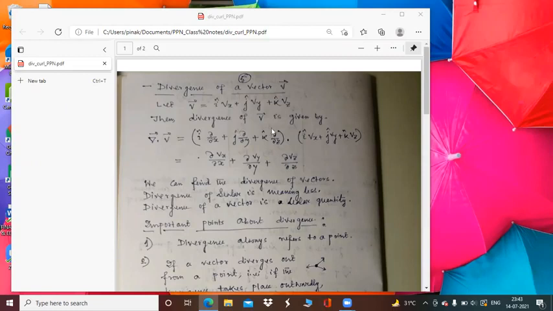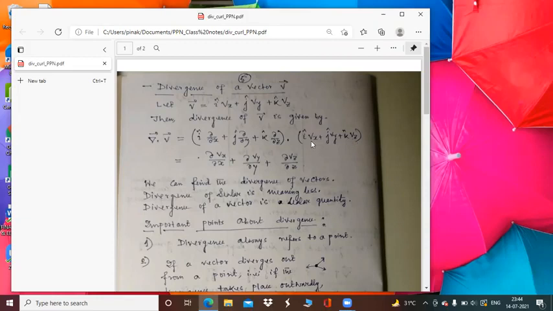Then divergence of v bar is given by del bar dot v bar, and this is equal to, in place of del bar, you can write i cap del x plus j cap del y plus k cap del z, and then the whole thing dot i cap vx plus j cap vy plus k cap vz.